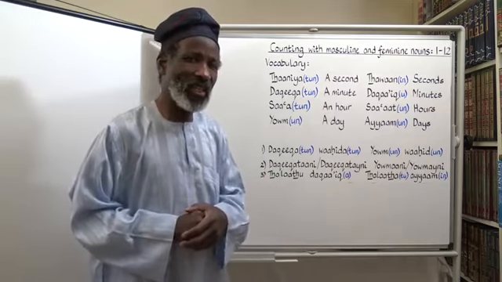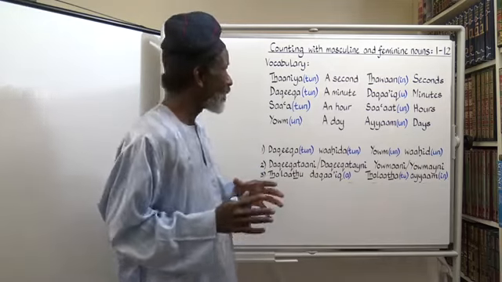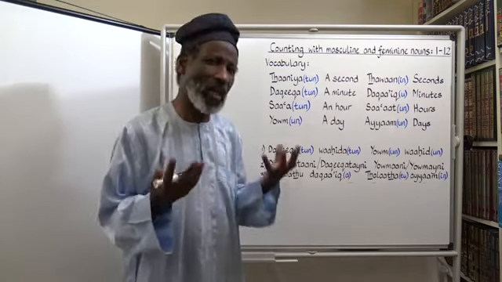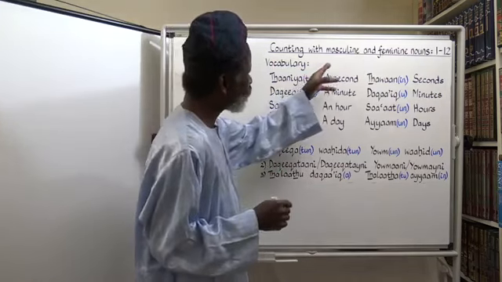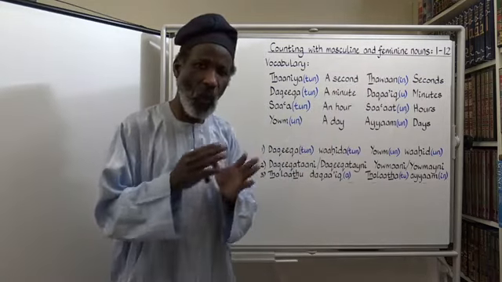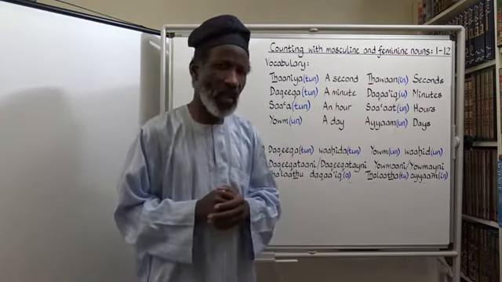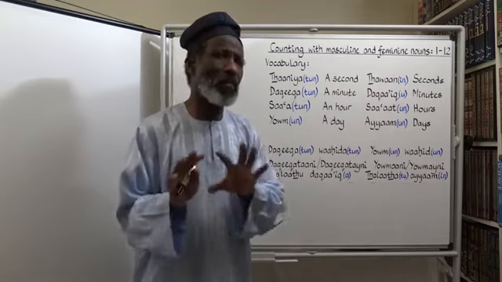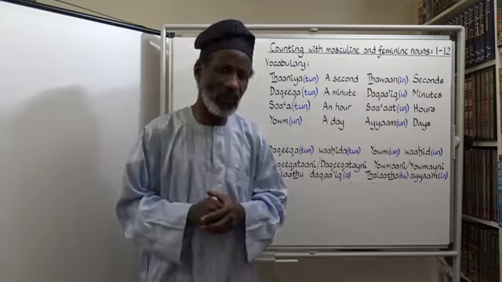In this lesson, we're going to learn a little bit of grammar, which is underpinning the counting with masculine and feminine nouns, 1 to 12. Now, it may sound complicated, but I'll try my best to simplify it.